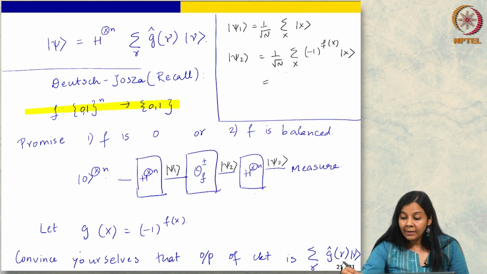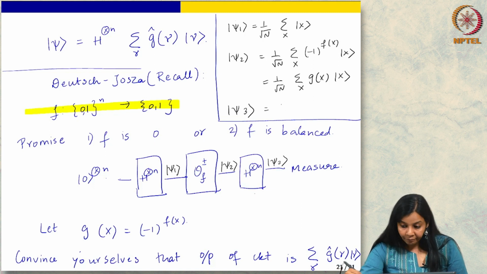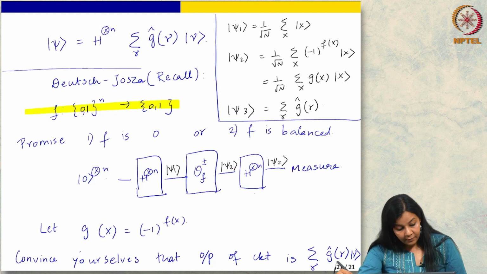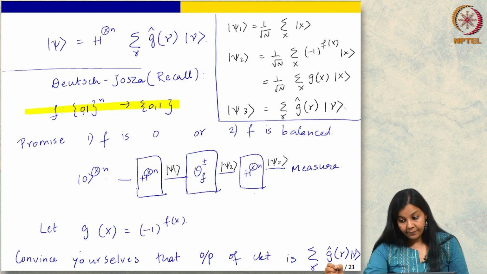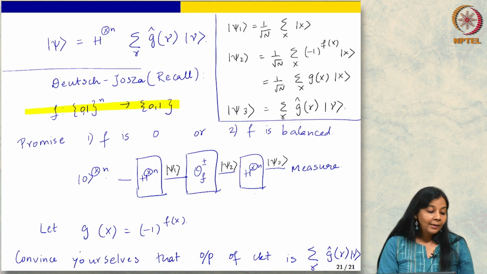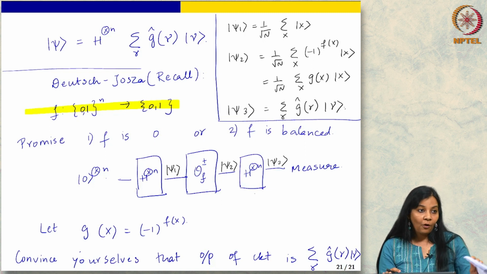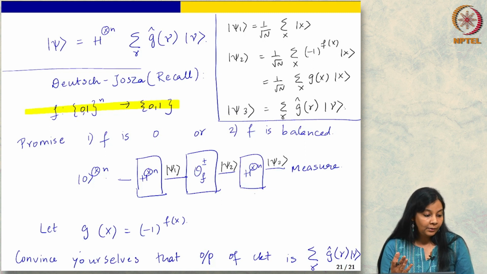Now I am simply redefining this to be g of x, and now I will simply apply the Hadamard to get this. That is all I was saying. So what is happening is that the circuit is computing the Fourier coefficients of this particular function, minus 1 to the f of x.